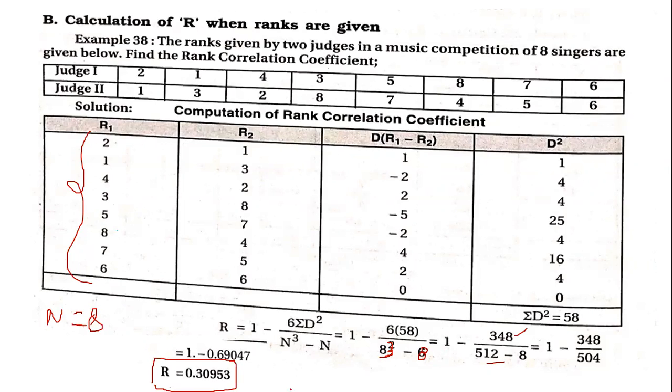Now, based on the value here, I can say whether it is positive correlation or negative correlation. The value is between 0.25 and 0.75. So what is the conclusion I can give here? Who can tell me the conclusion?